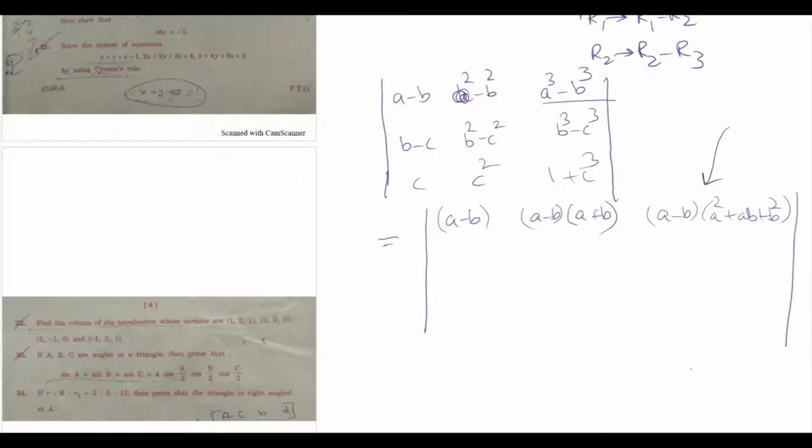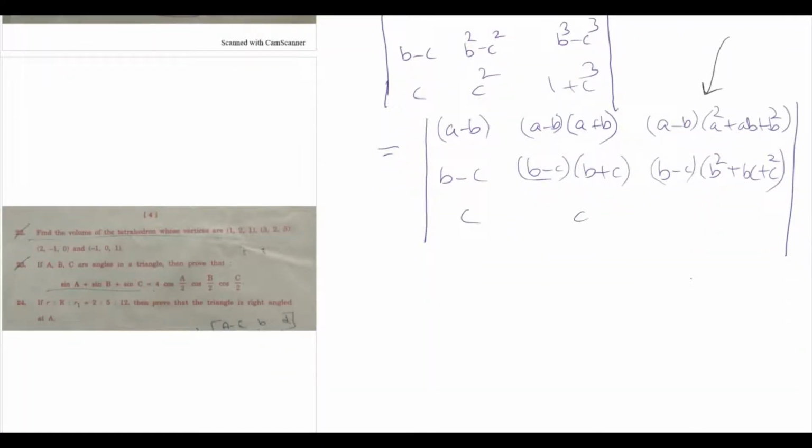This is the formula of A cube minus B cube. And similarly B minus C into B plus C, and B minus C into B square plus BC plus C square, and the third row is as it is, C, C square, 1 plus C cube.